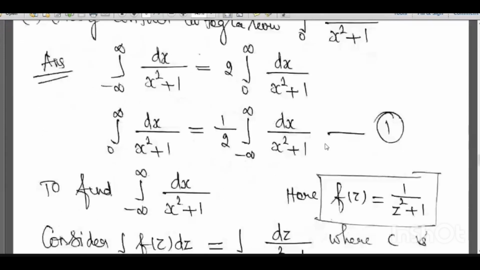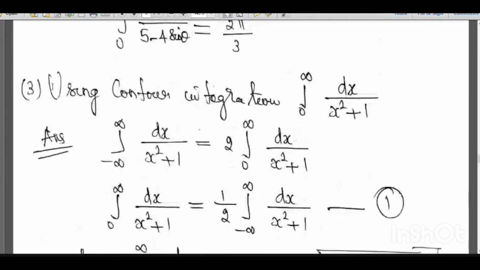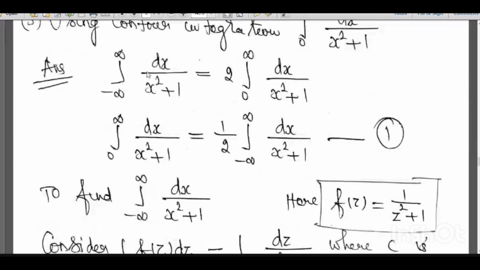Okay, this is also a very important problem. One more important problem using contour integration: the integral from 0 to infinity of dx divided by x square plus 1. The integral from minus infinity to plus infinity of dx divided by x square plus 1 is equal to 2 into the integral from 0 to infinity of dx divided by x square plus 1.